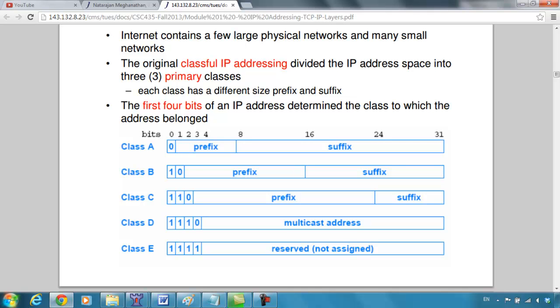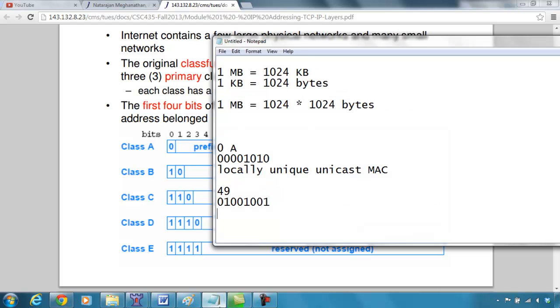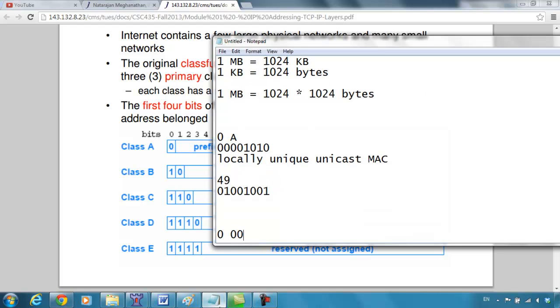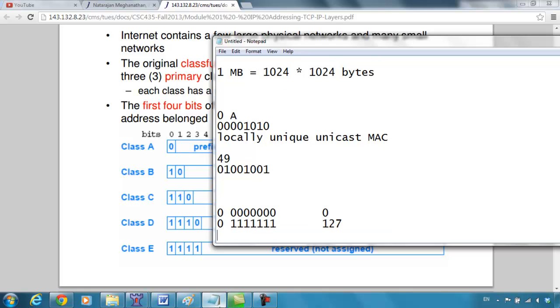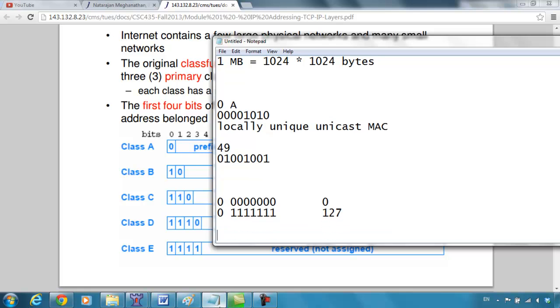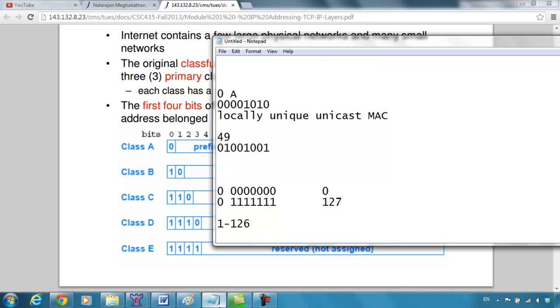Which means you rule out 0 followed by 7 zeros, or 0 followed by 7 ones, which is 127, right? So for class A, the network part can go only from 1 to 126. Okay.